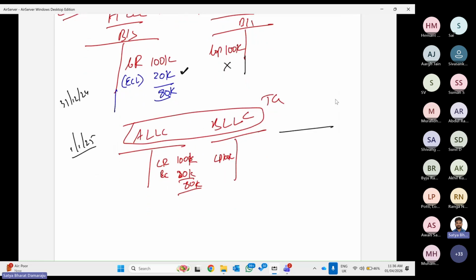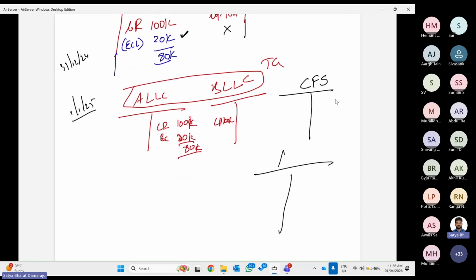Can someone tell me how the CFS should look? I will talk about AFS later. But in the consolidated financial statements on 1st of January 2025, applying IFRS 3 business combination principles, how do I present this loan receivable and loan payable? Do I need to eliminate or do anything?